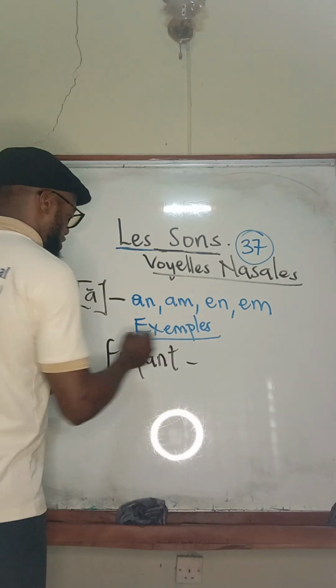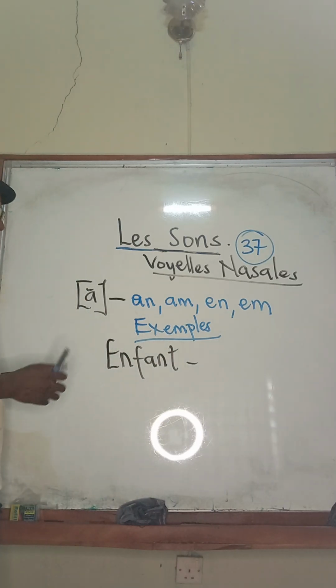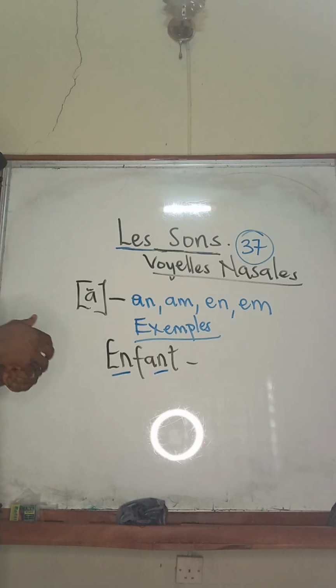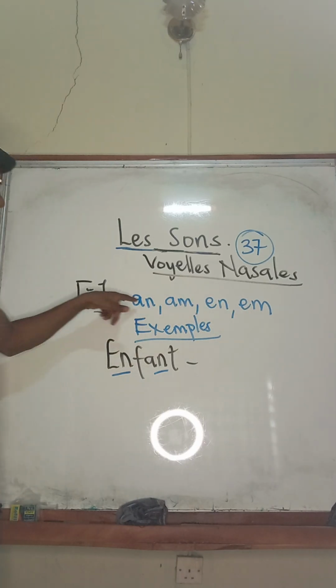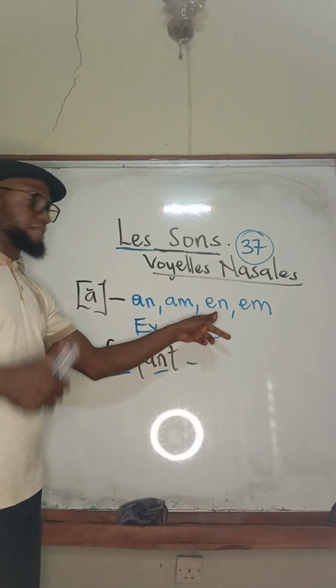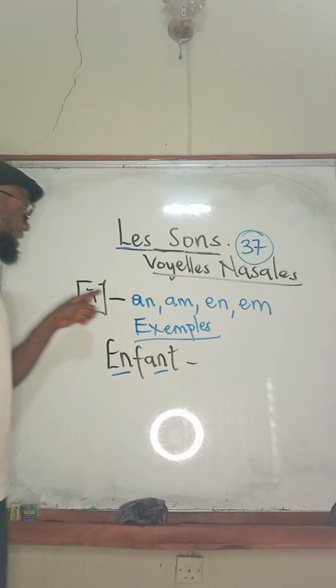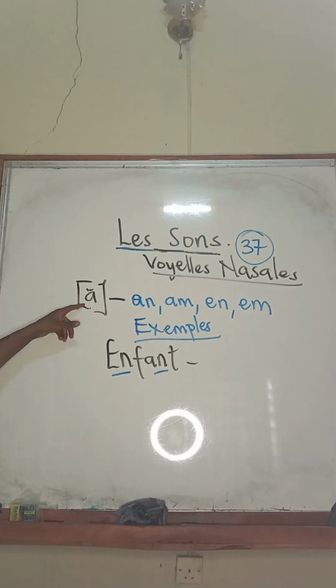Can you pronounce this word? Okay, let me tell you the logic of how to pronounce it. Look at what I underline here. Does this appear in this place? Yes, this is it. So that means you are going to pronounce it like this.